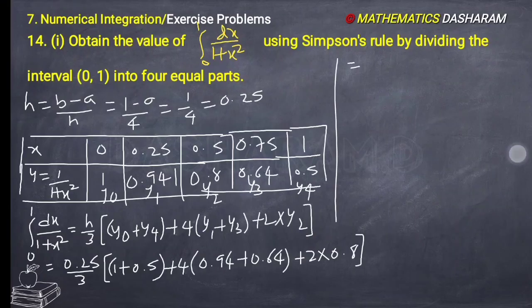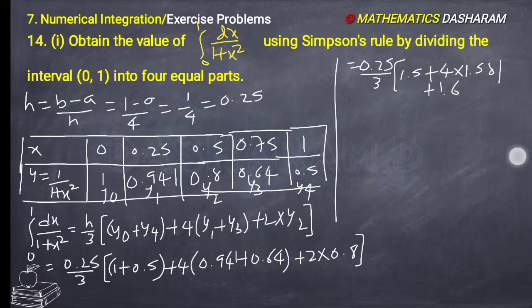Now substitute the values. 0.25 divided by 3 bracket of 1 plus 0.5 is 1.5 plus 4 into 0.94 plus 0.941 equals 1.581. 1.581 plus 2 into 0.8 is 1.6. Next, 4 into 1.581 is 6.324 plus 1.6.